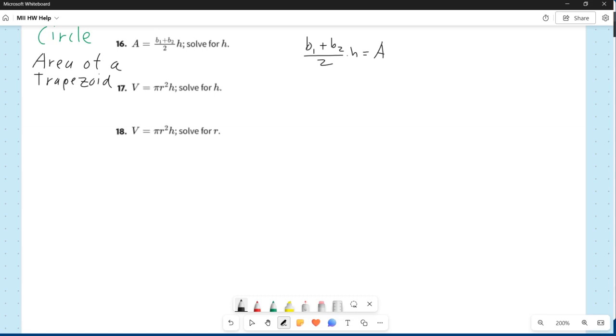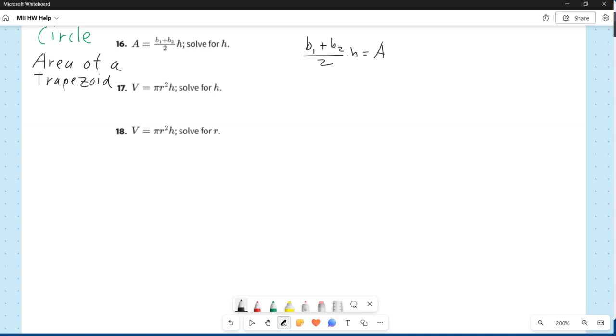And for this problem, I'm going to solve it one way, and then maybe we'll solve it a second way, and I'll let you guys decide which way makes more sense to you, because there are pros and cons to both methods. So one way to get H by itself, you can actually do it in one step.